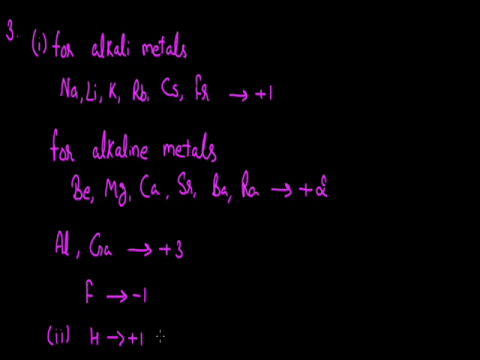On the other hand, if it is present with any element out of these 4 groups, that is, with any alkali metal, any alkaline earth metal, aluminium, gallium or fluorine, then in all these conditions the oxidation state of hydrogen will not be +1, it will depend on the other element which is present here.